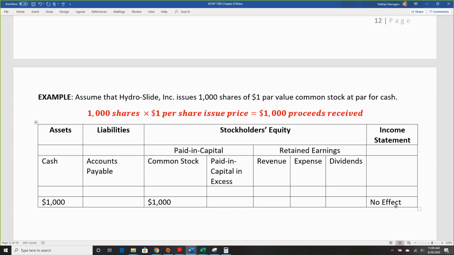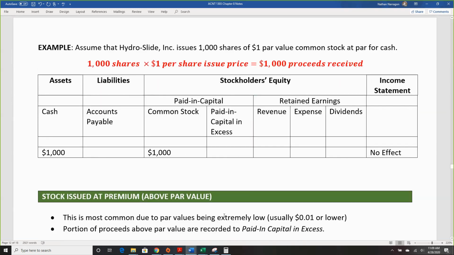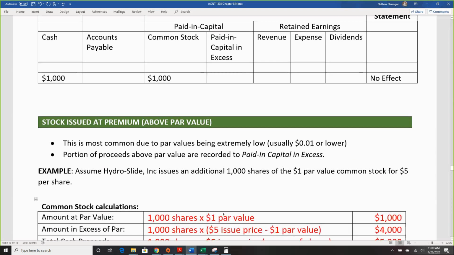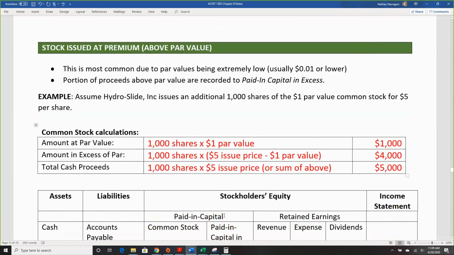That's nice. It's always nice when shares are issued out at par. Very easy. But you also want to see a brand new account right here. Paid in capital in excess. This fun little account comes when stock is typically sold at a premium, so, usually above par value.